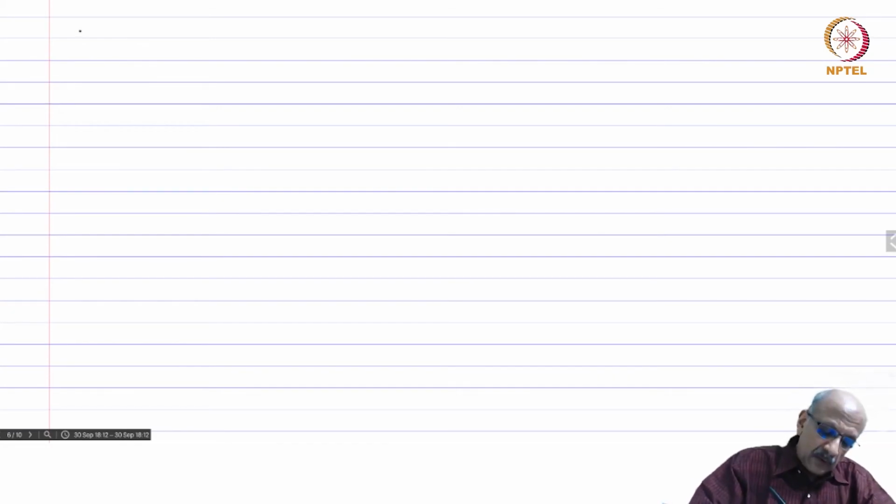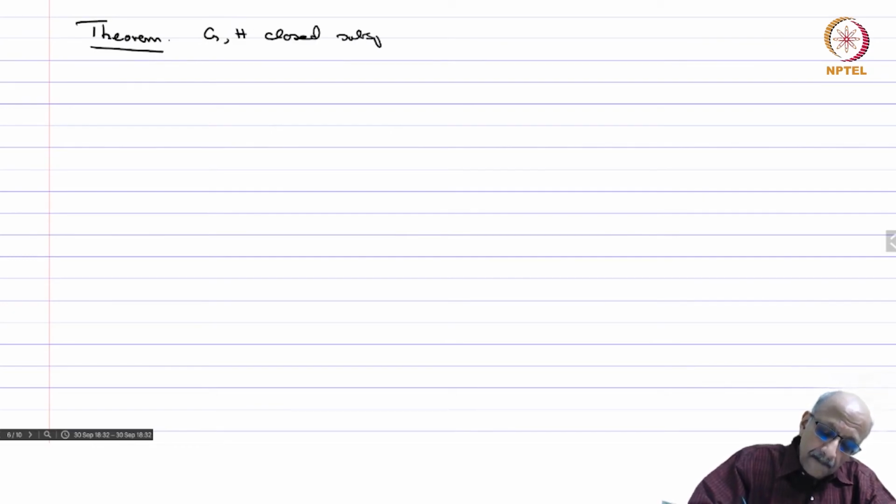So now I am going to state a theorem. G and H closed subspaces of a Banach space V. The following are equivalent.